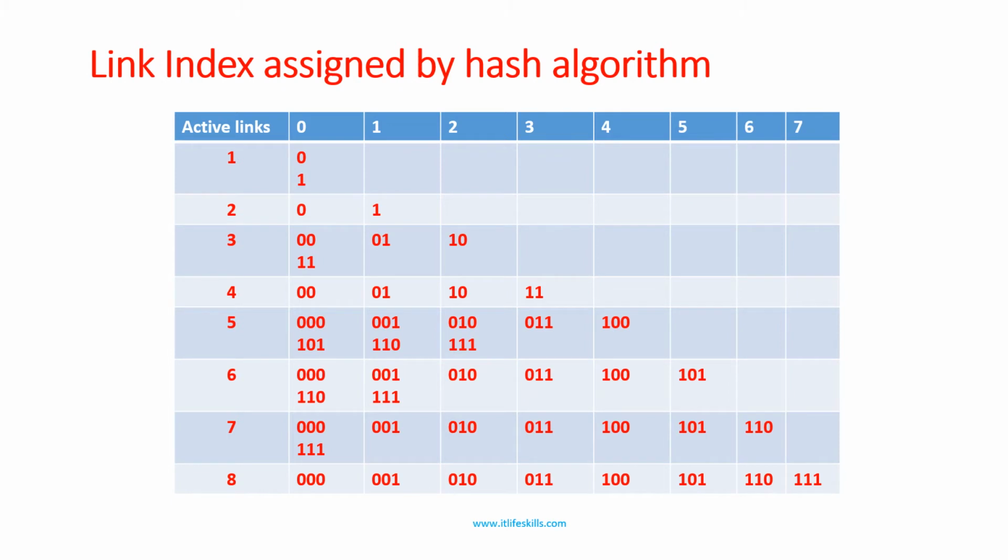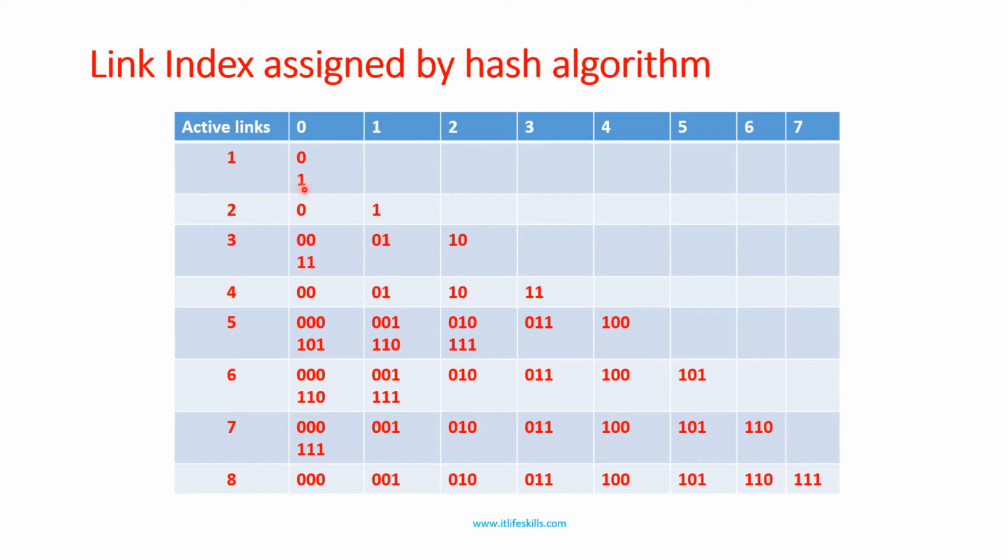In this slide, we will talk about the link index assigned by the hash algorithm. And you can see in this table, this is the link index from 0 to 7. If we have only one active link in the EtherChannel, it requires 1 bit, and after the bit or the XOR operation, the value can be either 0 or 1.